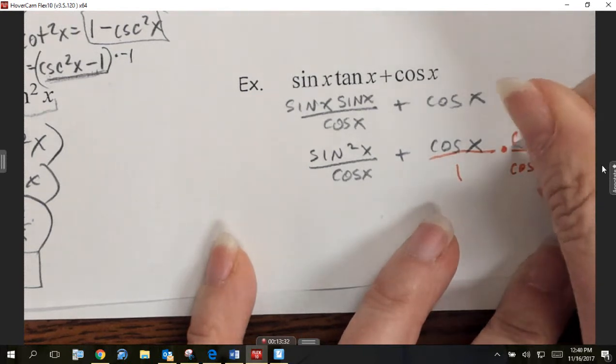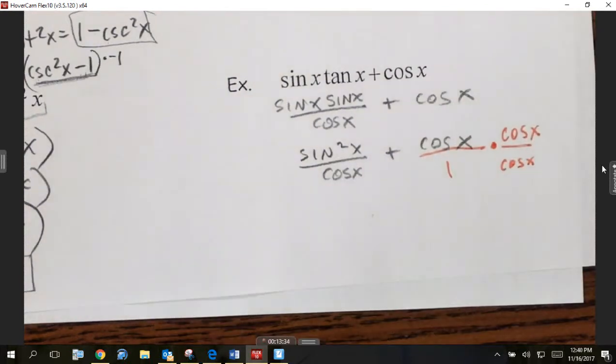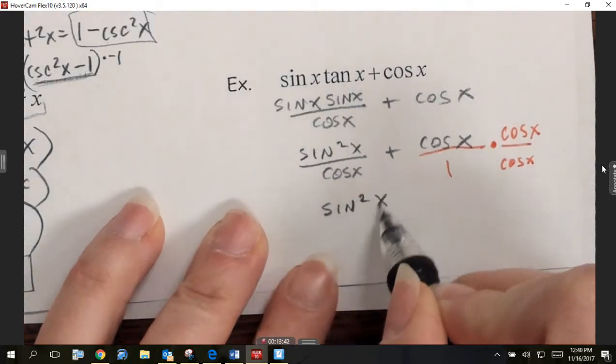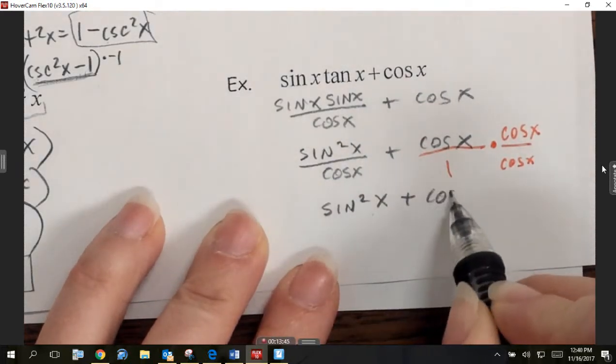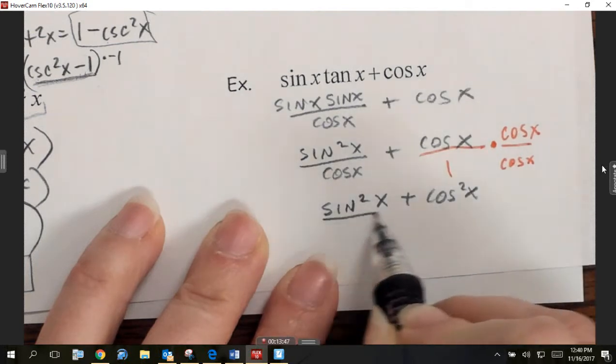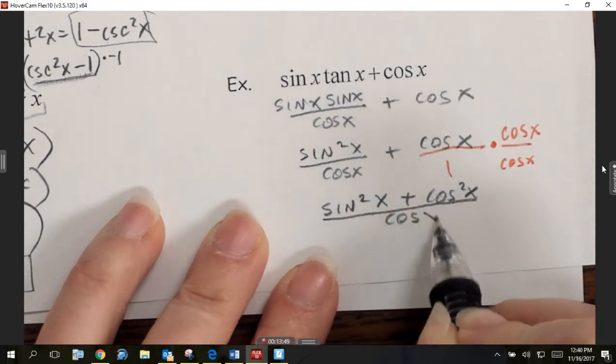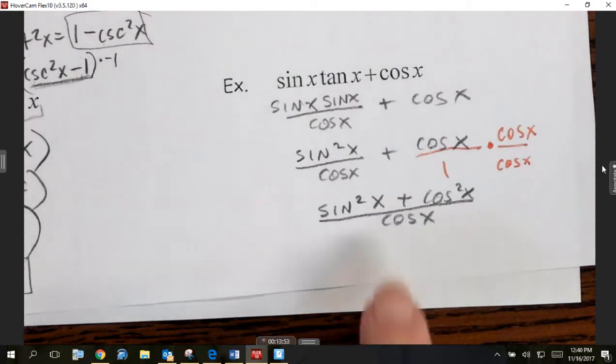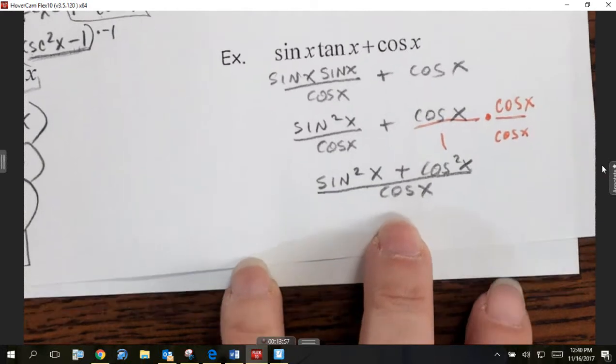That means I have to multiply the top and the bottom by the same thing so that I'm really multiplying by a value of 1. Doesn't change the value, just changes the appearance. So when I add those together, I get sine squared x plus cosine squared x all over the common denominator cosine x.